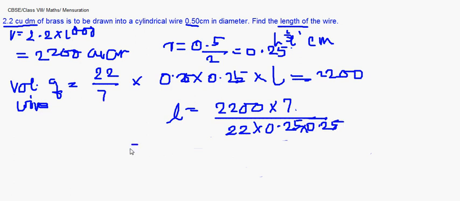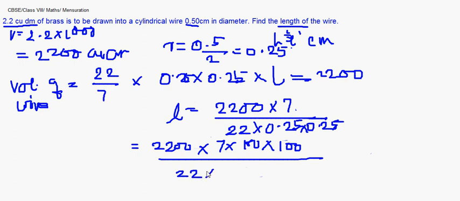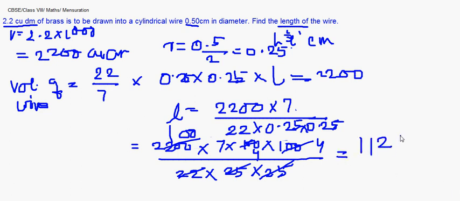I need to remove the decimals by multiplying 100 and another 100 in the numerator, thereby getting 22 into 25 into 25. This is 4, this is also a 4, this is 100. So 4, 4, 16, 7, 1, 1, 2, 0, 0. This is in centimeters, so we can express it as 112 meter, the length of the wire which is drawn from 2.2 cubic decimeter of the brass.